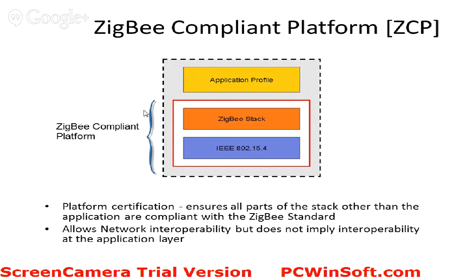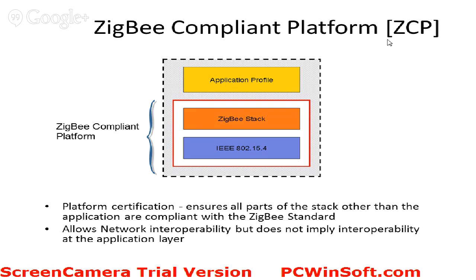If a manufacturer comes up with a product for which the application profile has been developed solely by the vendor, however, it is ensured that the radio used is in accordance with 802.15.4 and the stack is positively compliant with the ZigBee stack, then such a product or such a platform is called ZigBee compliant platform.